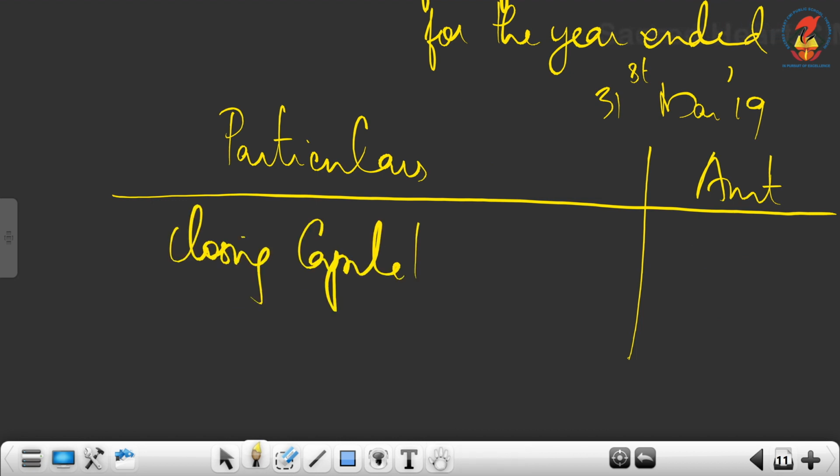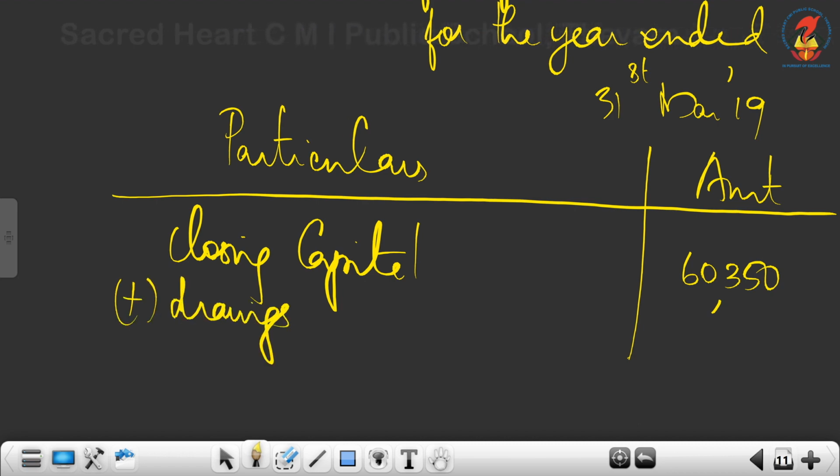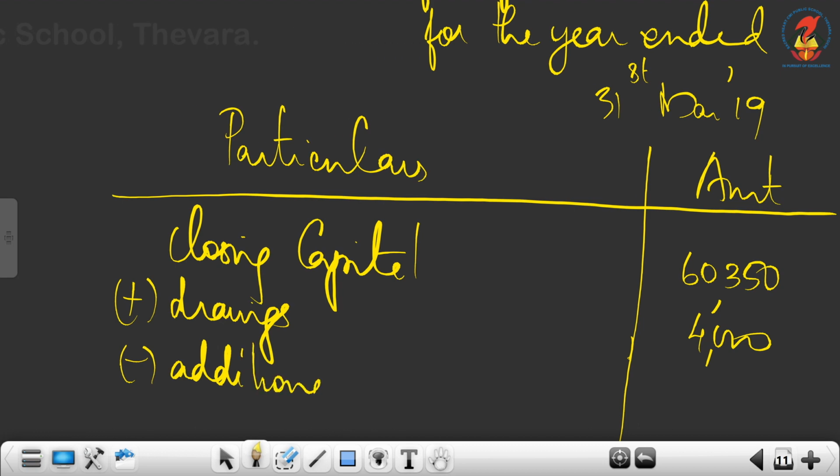Closing capital 60,350. Add drawings 4,000, less additional capital, which is directly, you know, these are directly given.